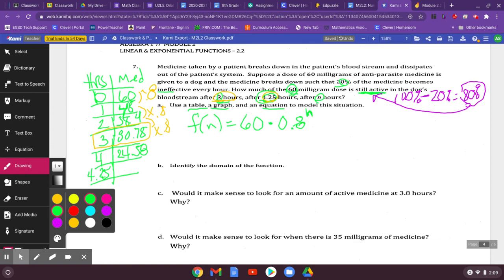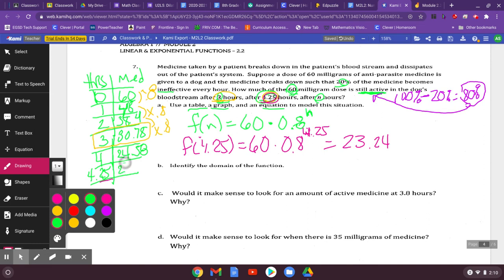Now to be able to figure out the 4.25, f of 4.25 equals 60 times 0.8 to the 4.25 power, which when you type that in equals 23.24. So there's our 4.25. Okay, let's go graph this.